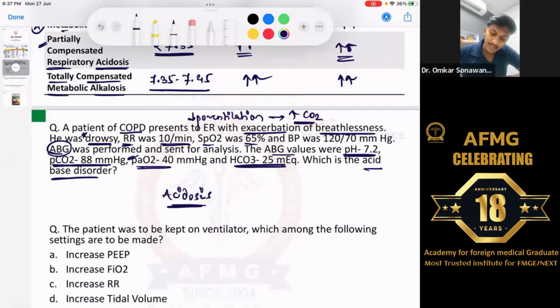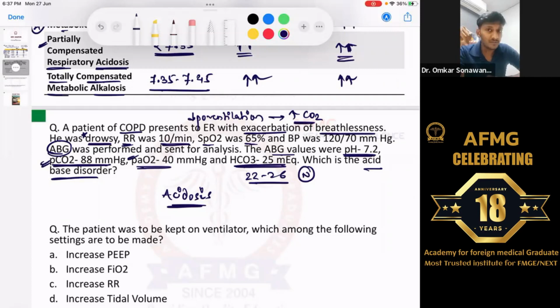So here you can see that the bicarbonate value is 25 milliequivalents, and the normal bicarbonate value is 22 to 26 milliequivalents per liter. So definitely the bicarbonate values are normal. So if the bicarbonate values are normal, definitely you need to check for the PCO2 values. Here PCO2 values are increased. Normal PCO2 value is 40 mm of Hg, and here the PCO2 value is 88 mm of Hg. Why?